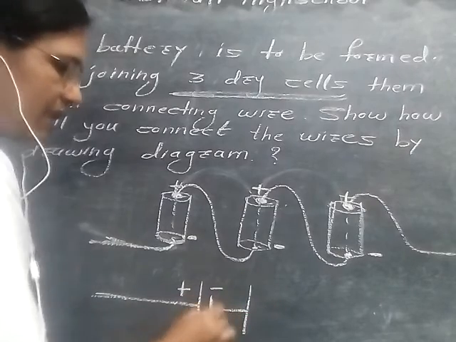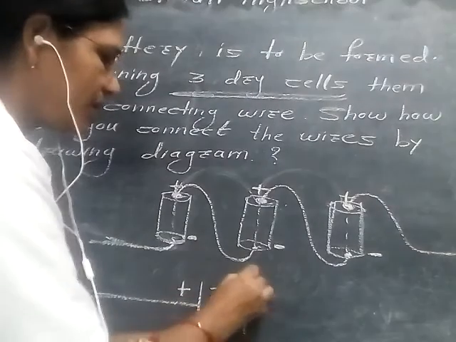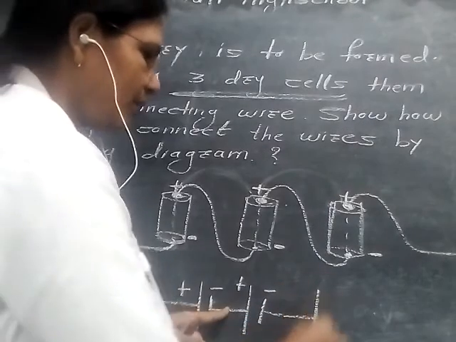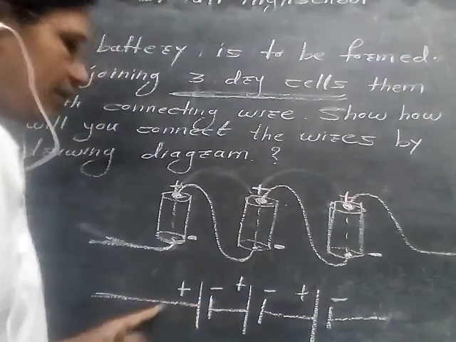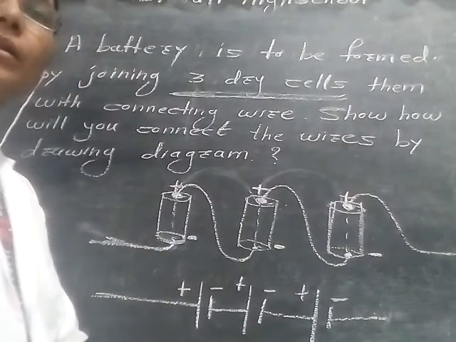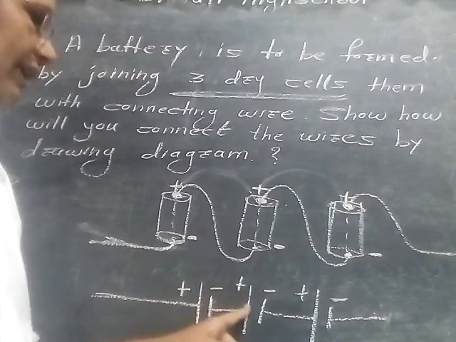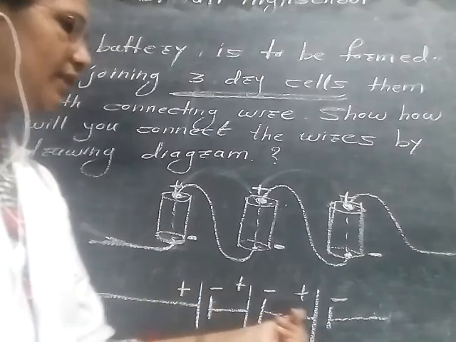Again this negative terminal is connected to the positive terminal, and again this negative terminal is connected to the positive terminal of the battery. In this manner we represent it in our circuit diagram. Remember that negative is connected to positive, negative is connected to positive.